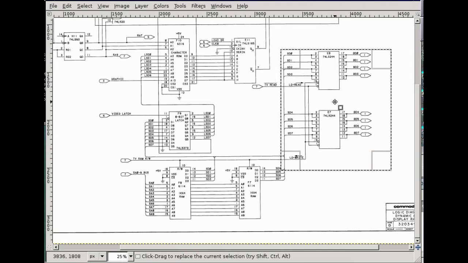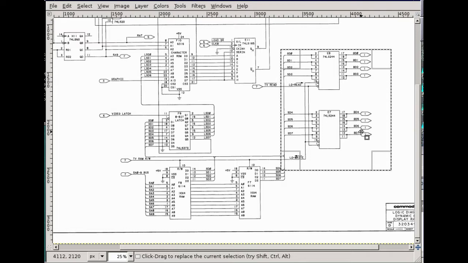These two chips, E8 and E7, connect the screen data bus, which goes to the RAMs, to the CPU, the 6502 data bus.